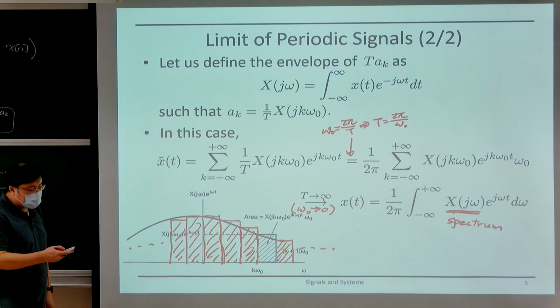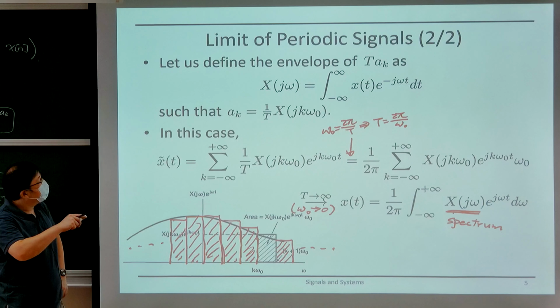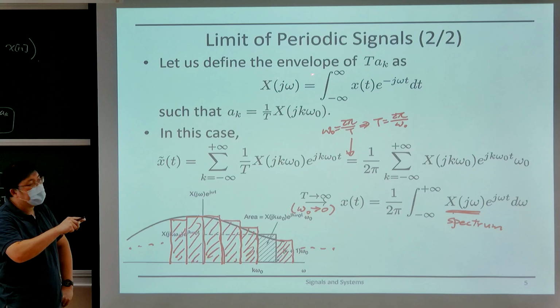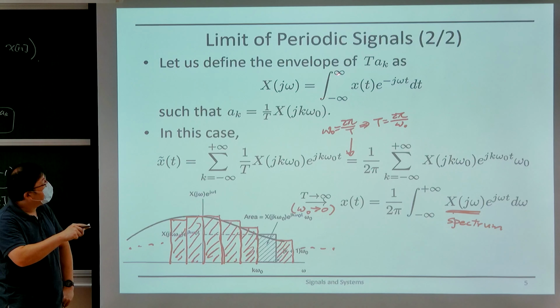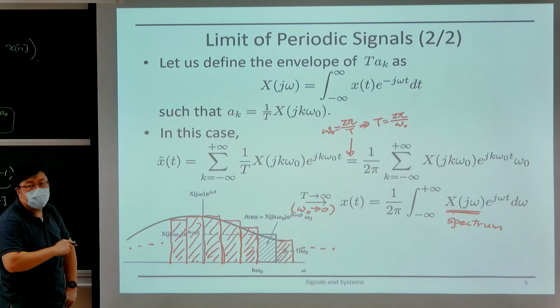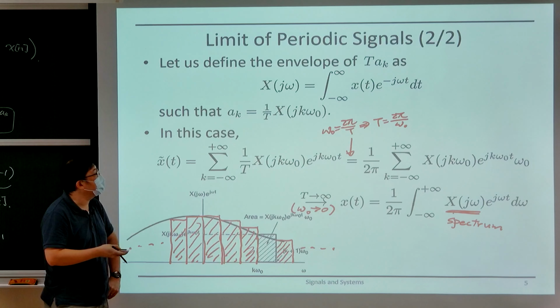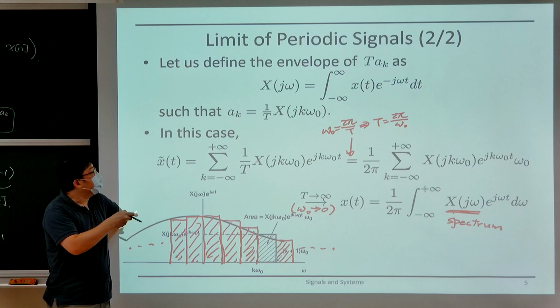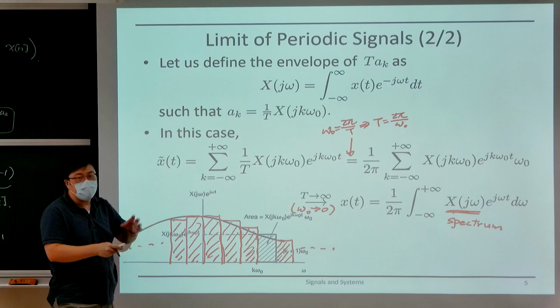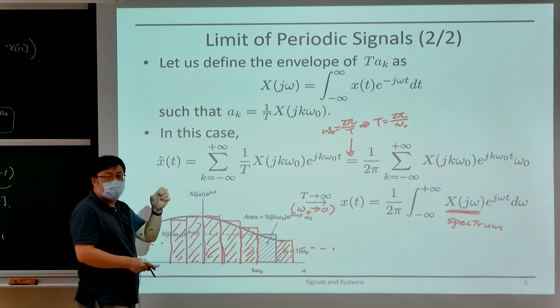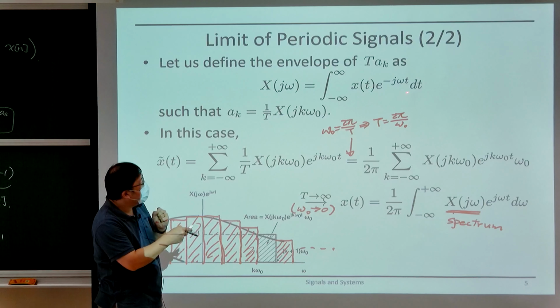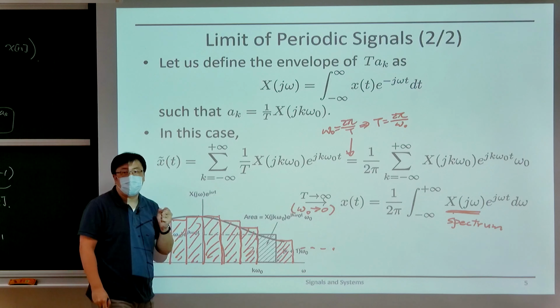So interestingly, here we're defining x of j omega as the integral of x of t times e to the minus j omega t dt. So like I mentioned previously, if you think of this as the inner product between x of t and e to the j omega t, then what this is doing is extracting out the projection, how much of x of t lies in e to the j omega t.